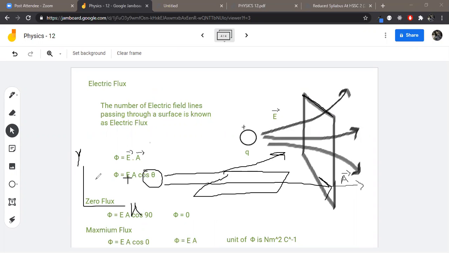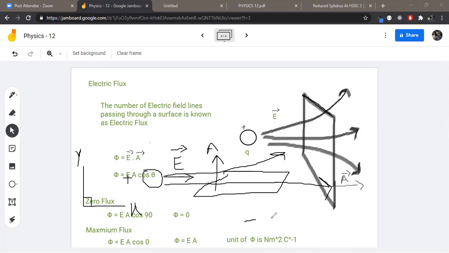So the area vector of this surface will be perpendicular to the x-axis, and that is the y-axis. So I can draw my area vector on this surface along the y-axis, and I have the electric field vector along the x-axis.